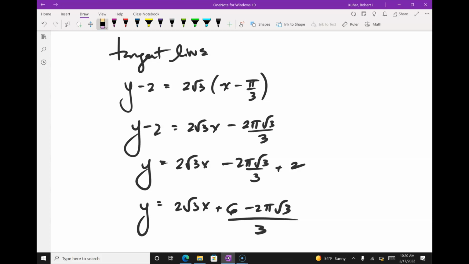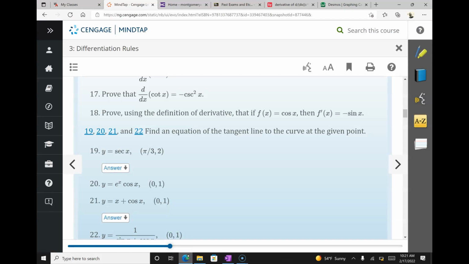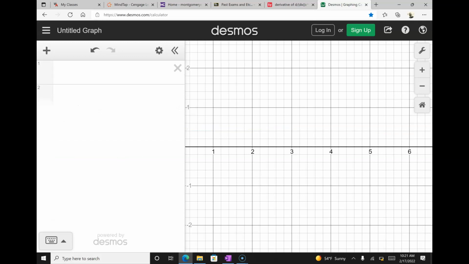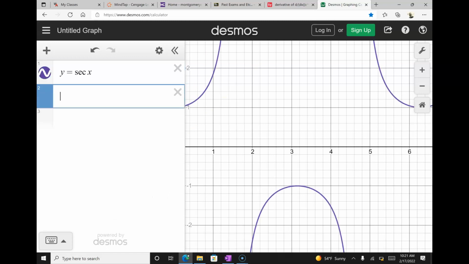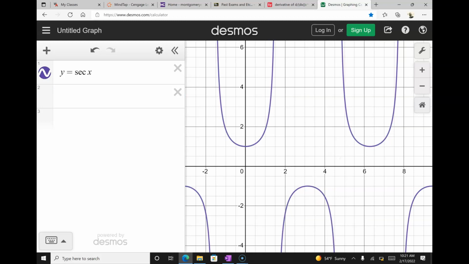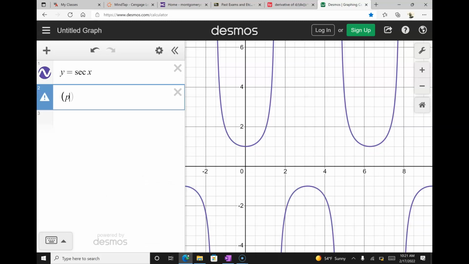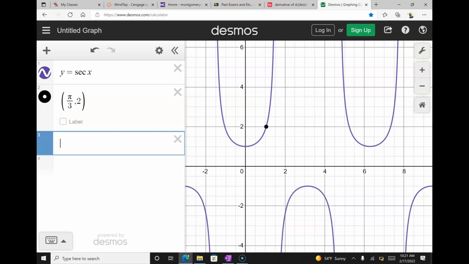Let's graph it. On your calculators, y equals secant of x, and I had the point pi over 3, comma 2. Nice.